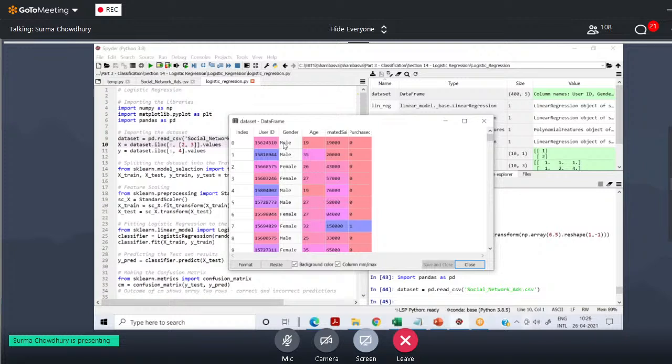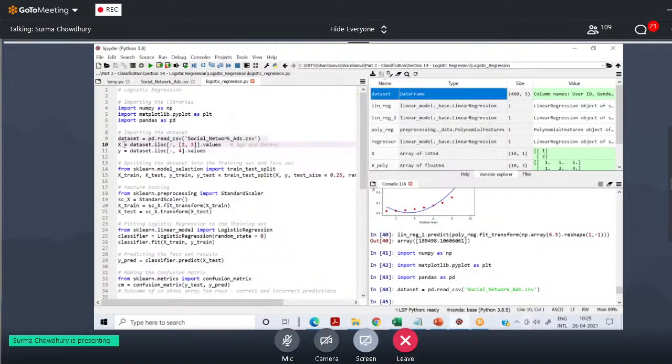So the client is saying don't care about the sex, just focus on the age and the salary and come out with a prediction of whether a guy is going to buy a particular brand of vehicle or not, right? So if you see here, when I've taken X, I have only taken 2 and 3, that means the third column and the fourth column, that is my age and salary.